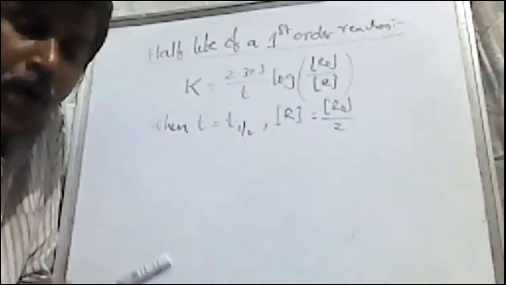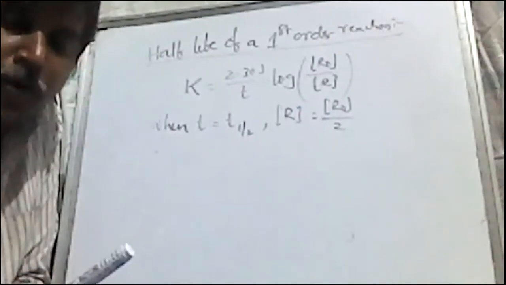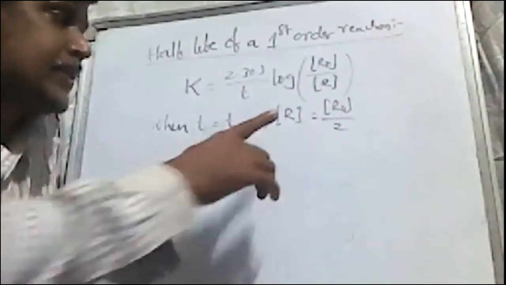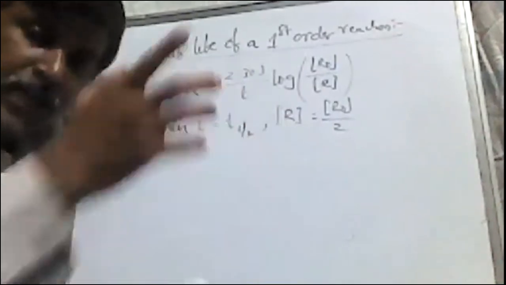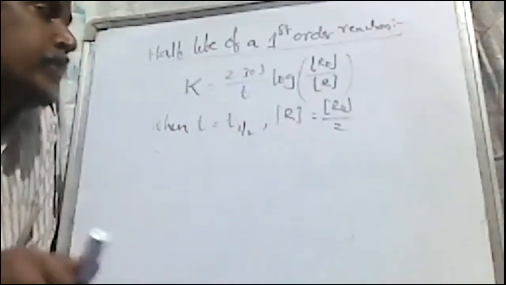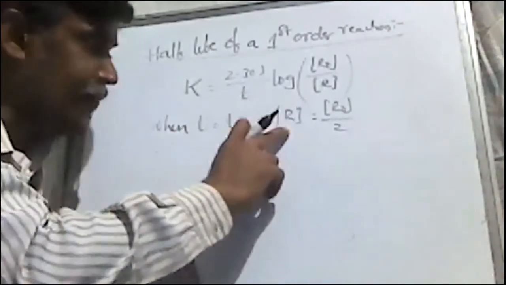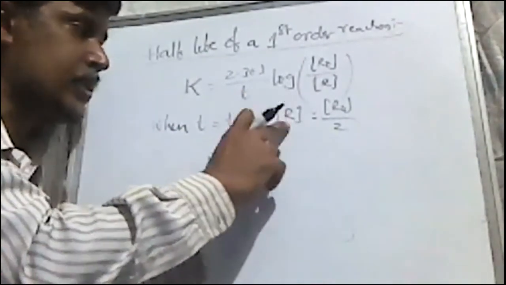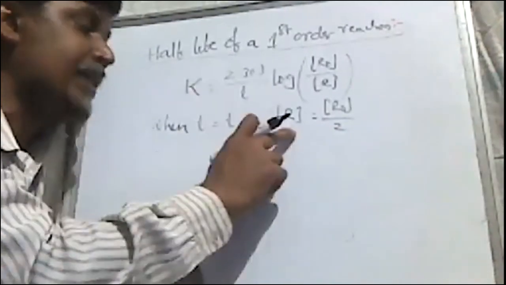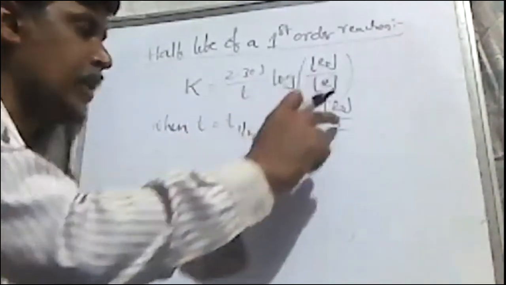Suppose after 10 minutes, what is the concentration of reactants? That is r. Initially, we take r naught. So when time t is equal to t half, as per the definition of half-life, r becomes r naught by 2.